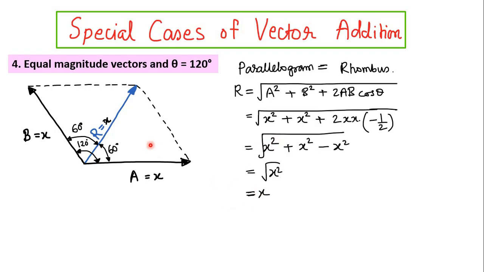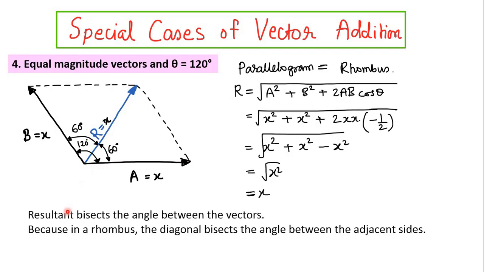So we have proved that the magnitude of the resultant is equal to the magnitude of both the vectors when the angle between them is 120 degrees. So here also we observe that the resultant bisects the angle between the vectors because in a rhombus the diagonal bisects the angle between the adjacent sides.